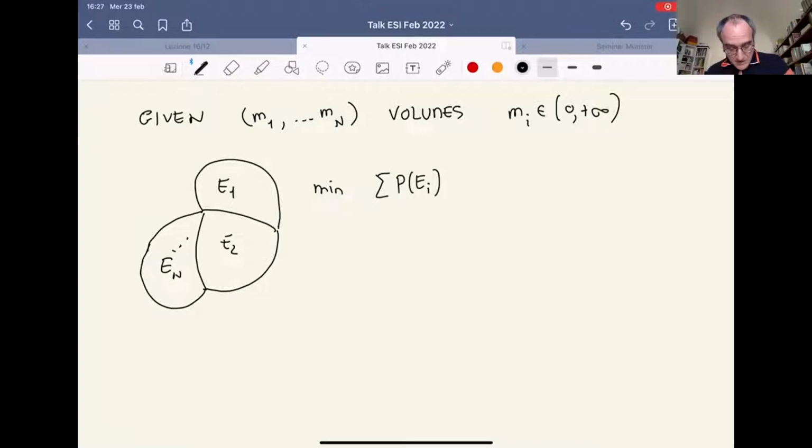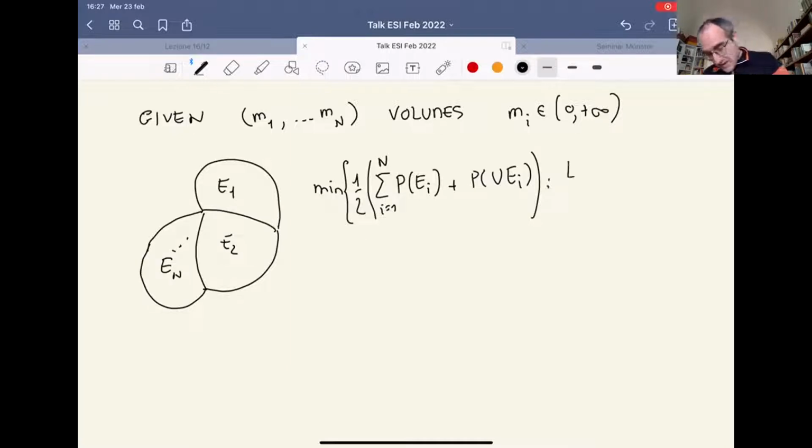sometimes with a factor 1/2, sum over i from 1 to n, plus the perimeter of the union of the Ei, and then maybe you divide by 2, with the condition that the Ei are disjoint, of course, and the measure of each Ei is equal to Mi.